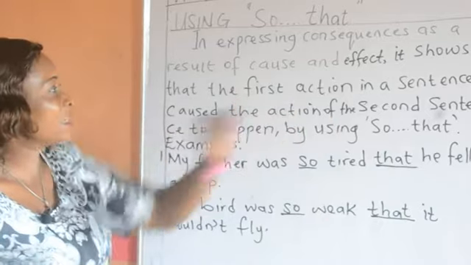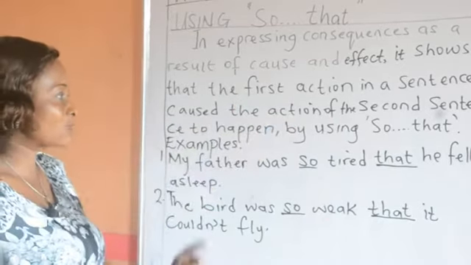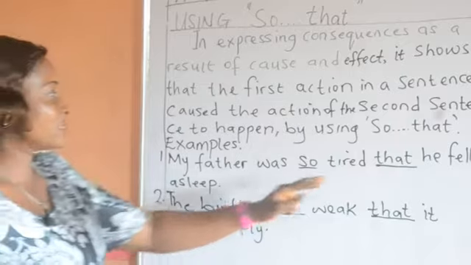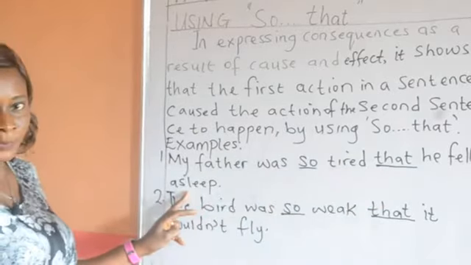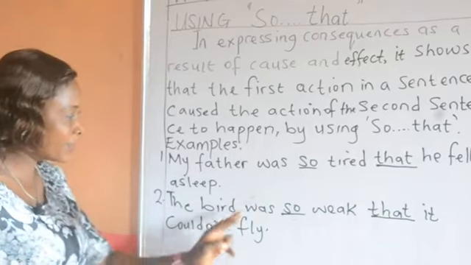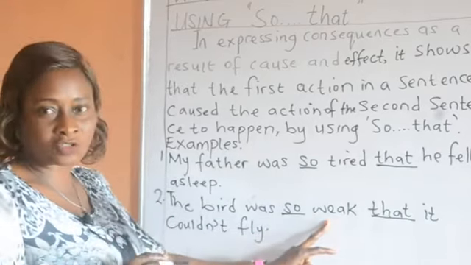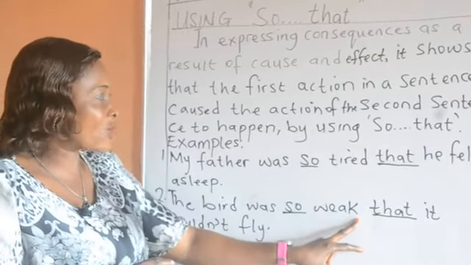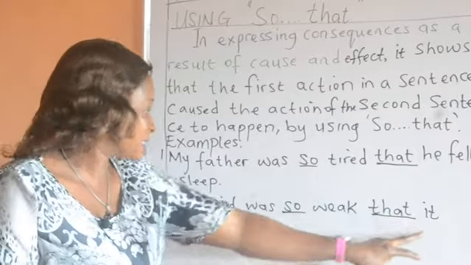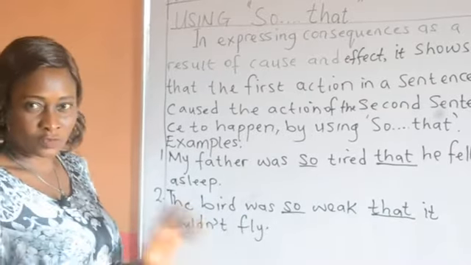The first action in a sentence caused the action of the second sentence. What is the action of the second sentence? It couldn't fly. Do you understand?